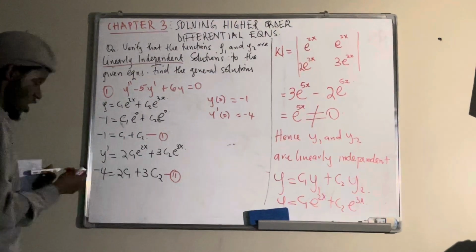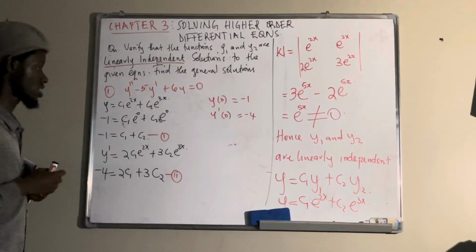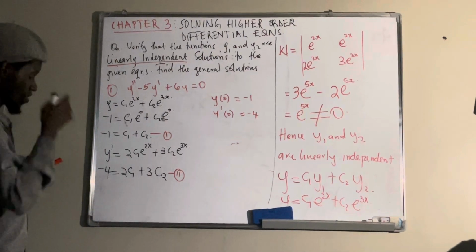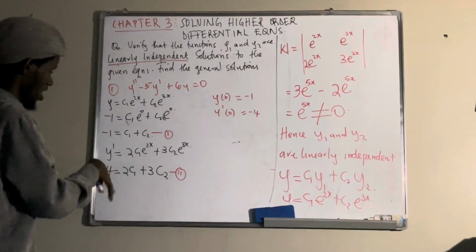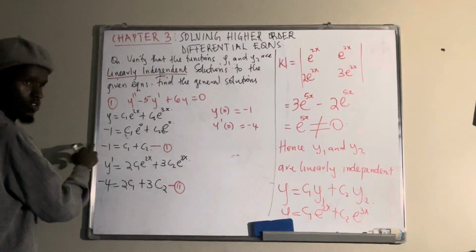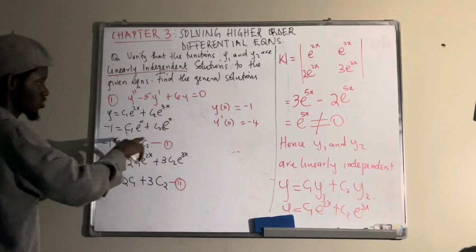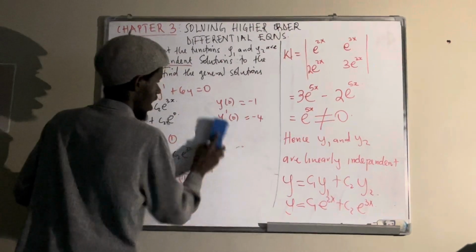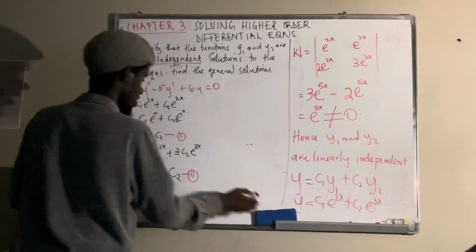Now I solve equations 1 and 2 simultaneously so as to get C1 and C2. I can use any method, and I may even press the calculator and get the answers. But I can use elimination. I eliminate C1 by multiplying equation 1 by 2.